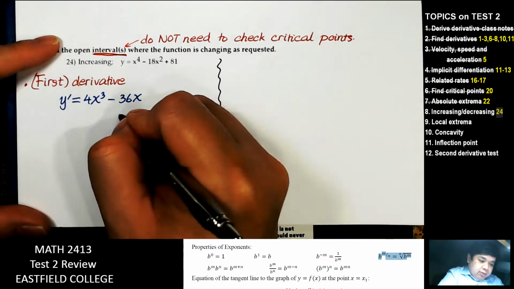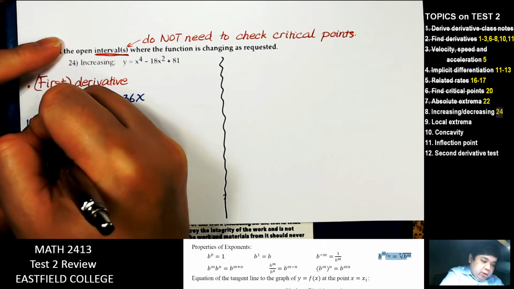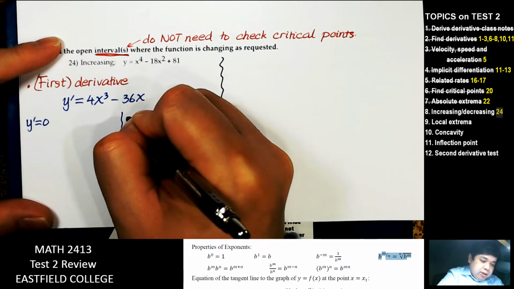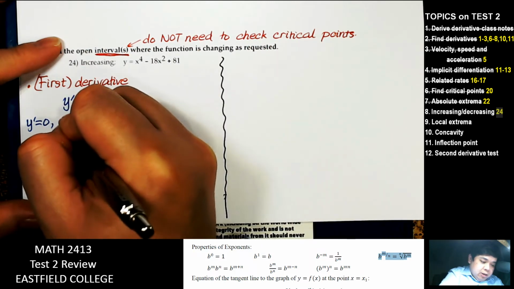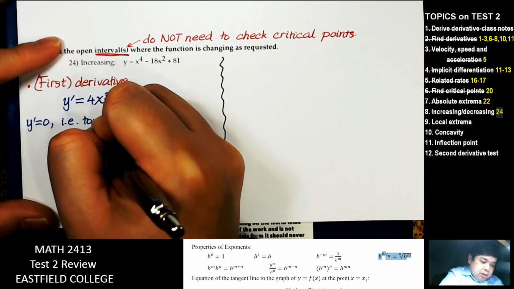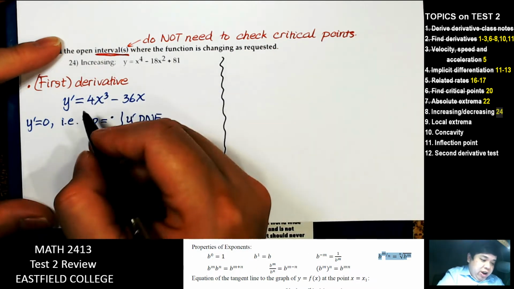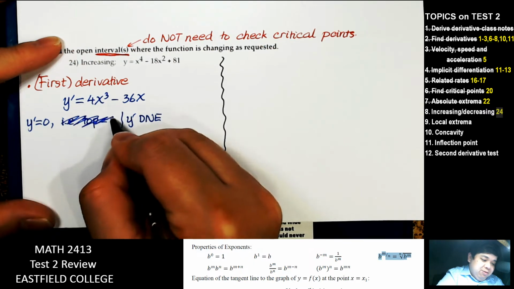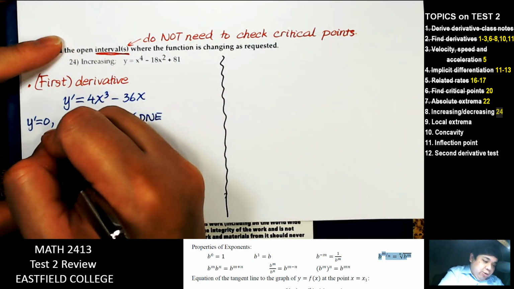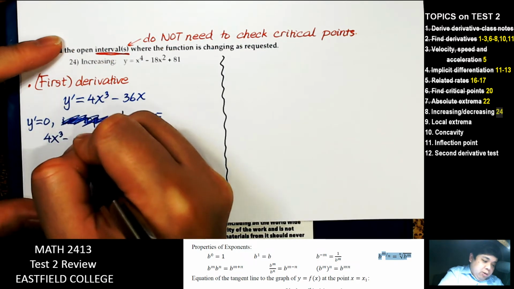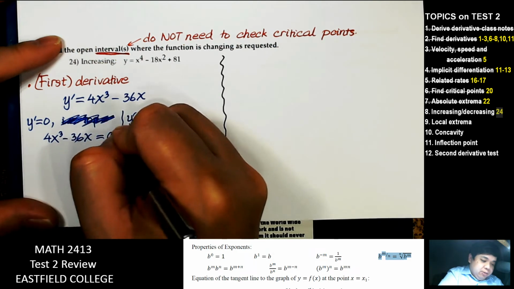Now, the derivative equal to 0, and the derivative does not exist. Sorry, this one we don't have a fraction, so we really don't need to do that. Equal to 0, so x cubed minus 36x equal to 0.